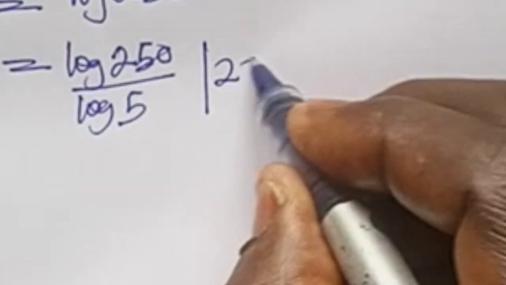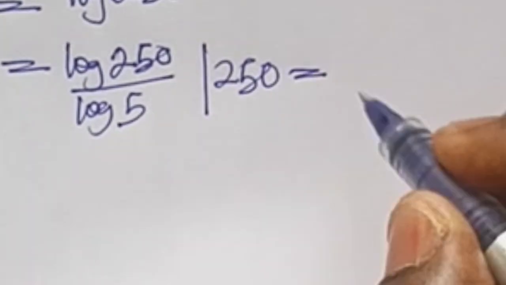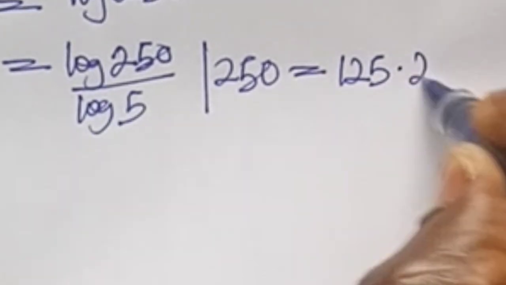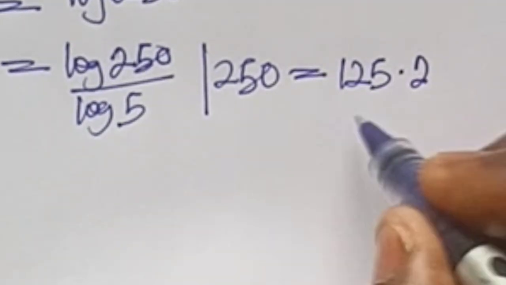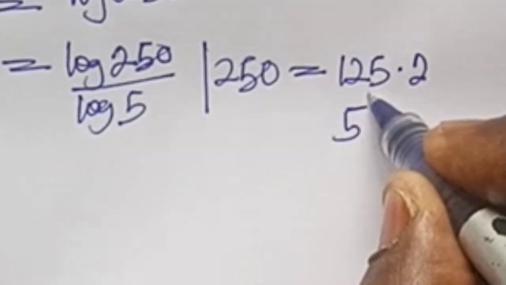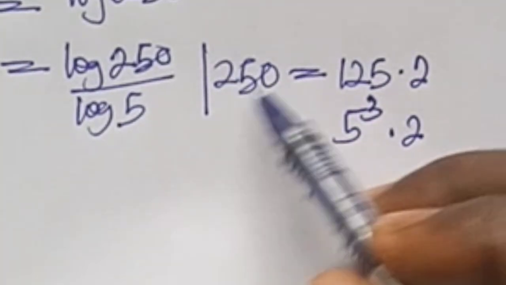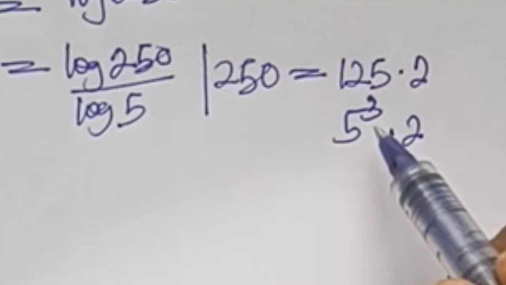And 250, we can write it as 125 times 2. 125 is 5 to the power of 3, times 2. So in the place of 250, we're going to put 5 to the power of 3 times 2.